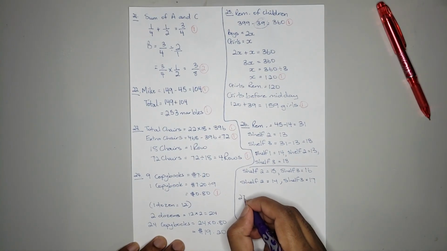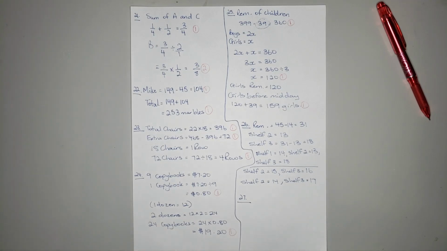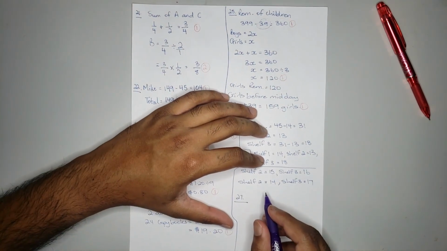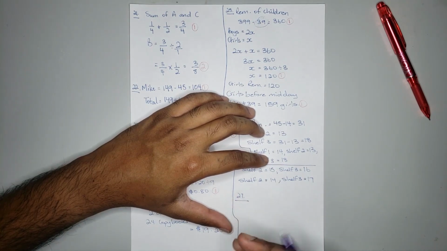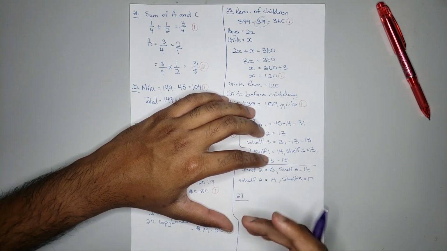Number 27. The original price of the bag is $140. What is the price after the discount? So we have here the discount and it is given as a percentage. So before we could do anything, we need to calculate the discount in money.